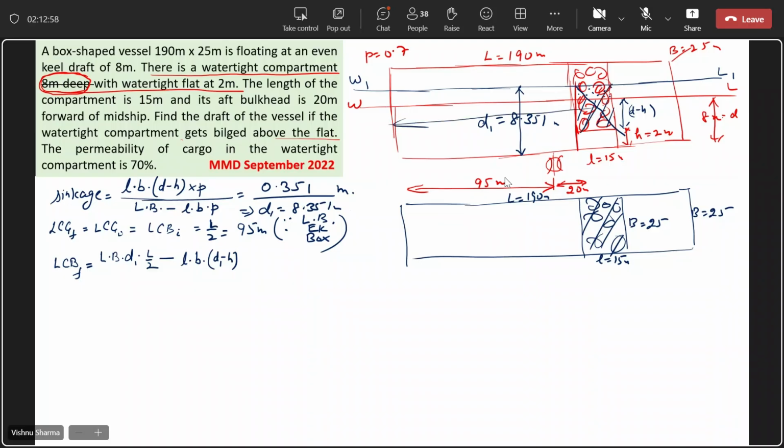You can calculate that x value yourself. Sorry, my mistake: first the volume, permeability, and then x. Divided by volume of displacement LBD. Can you please calculate and give me the value, guys? Put the values, calculate and give me the values.